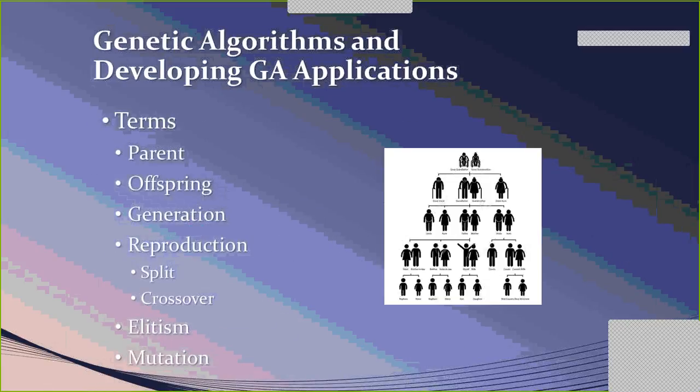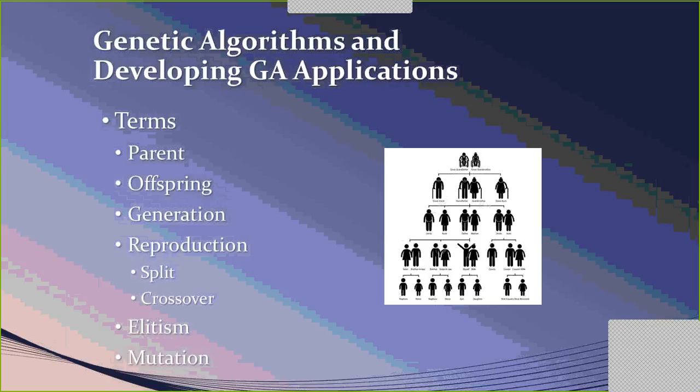There are many terms that we use that come from biology, including parent, which are our initial guesses, offspring, which are additional guesses that are added to the model, and generation. Our generation is added every time you add a new set of offspring.